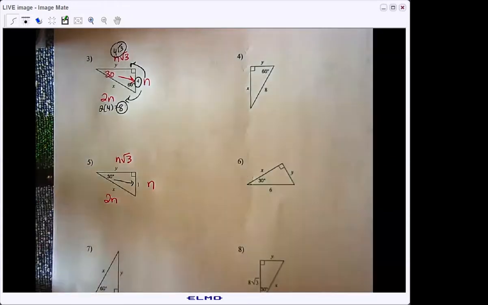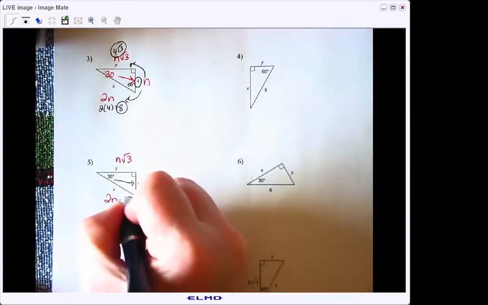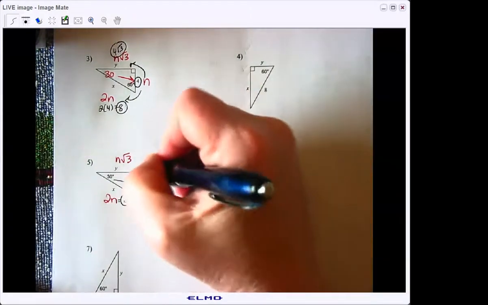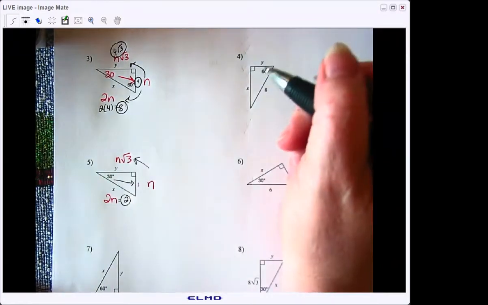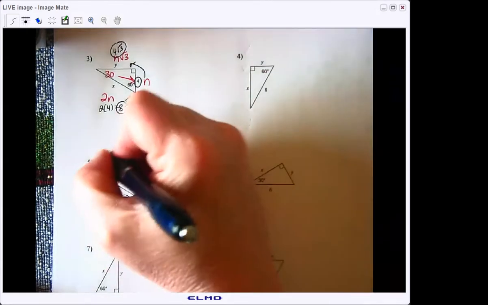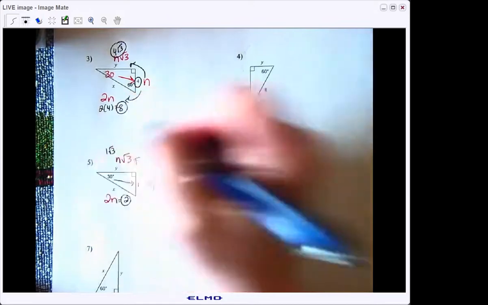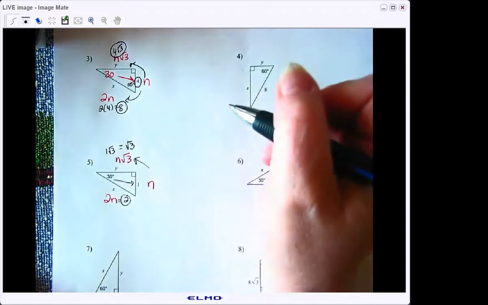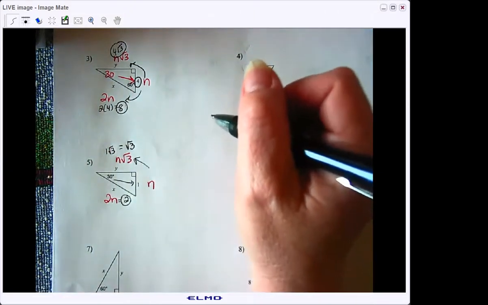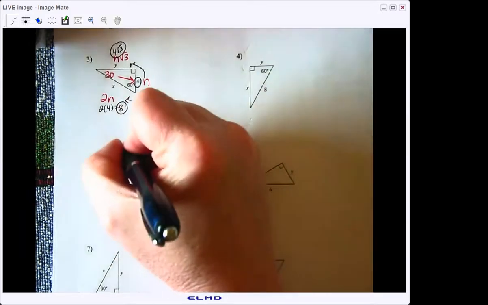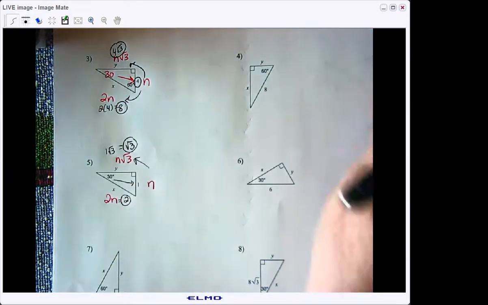Yep. 2 times 1 is 2. Go back to your n to find n root 3. What would that one be? Root 3. Yep. Some of my students may put 1 root 3, but if you simplify that, it's just root 3. Either answer is acceptable. On a multiple choice quiz, just please remember that 1 root 3 is the same as root 3. And you're done. That was it.